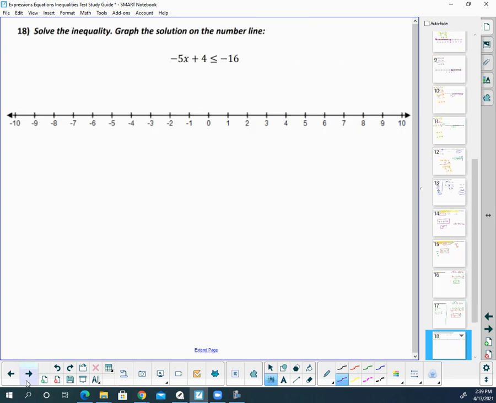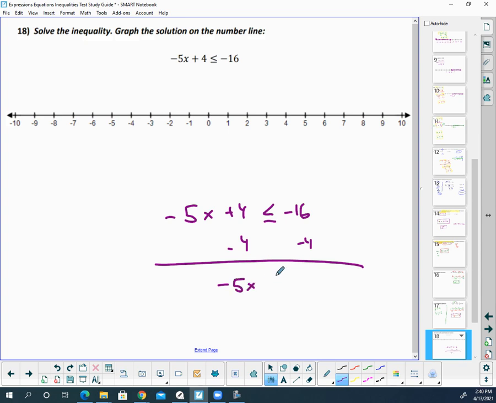Number 18 is solve the inequality, graph the solution. To give me some room, I'm going to copy the problem down here. -5x plus 4 is less than or equal to -16. I'm going to subtract 4 from both sides. That gives me -5x is less than or equal to -20.